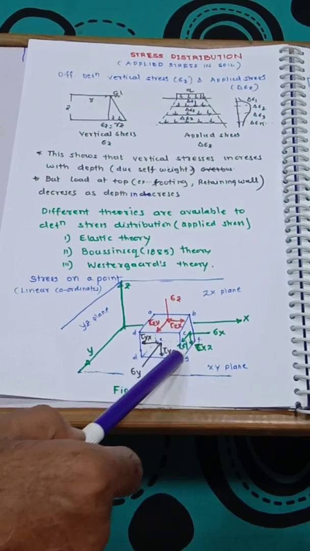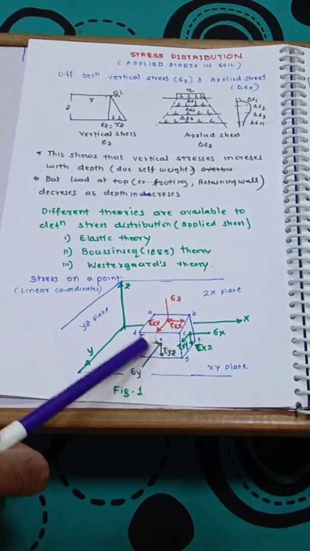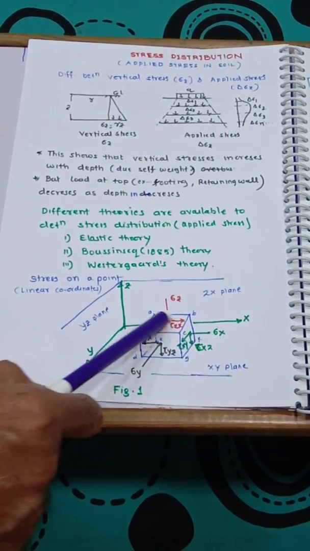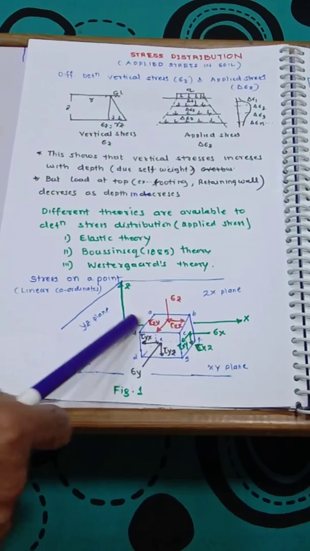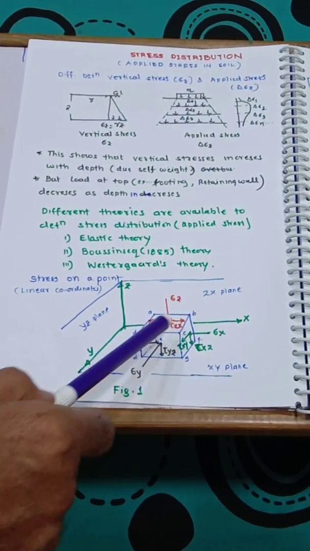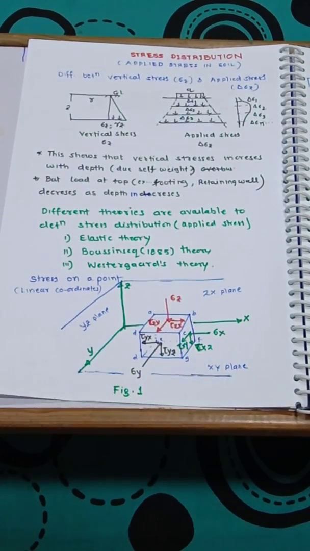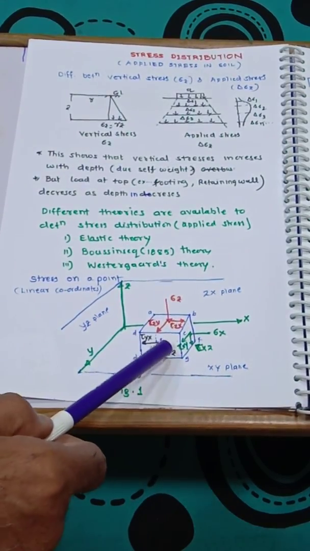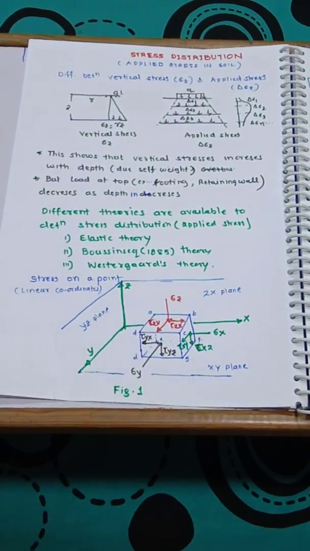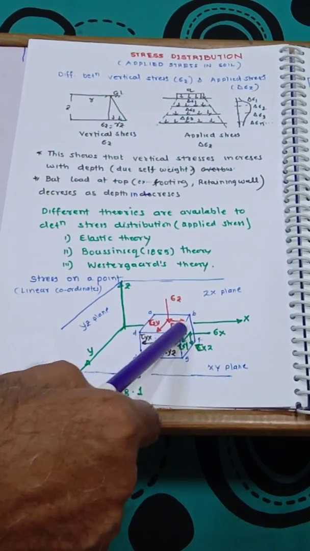Similarly, on this vertical plane, again this vertical plane is parallel to the xz plane. So these two planes are parallel and have a perpendicular distance of y. Therefore, for all the stresses acting on this, the first designation letter is y. So the first one is perpendicular to this vertical plane.